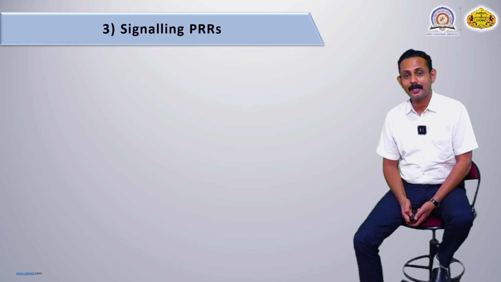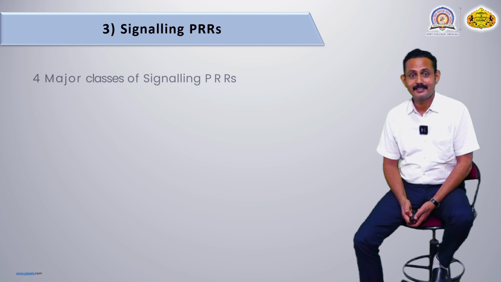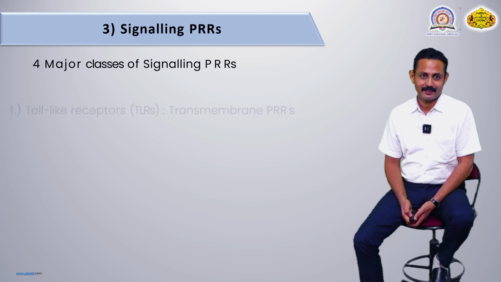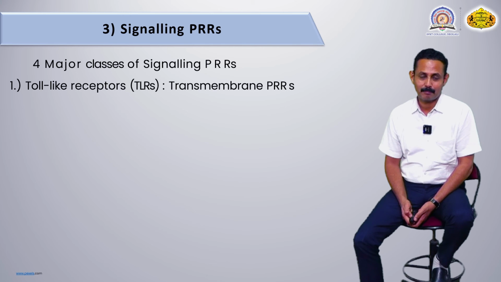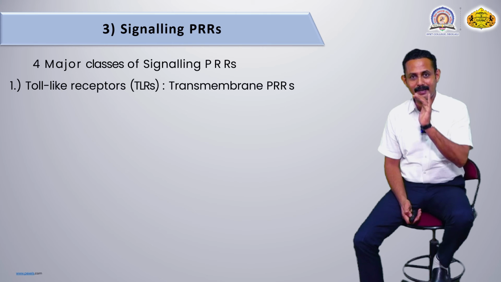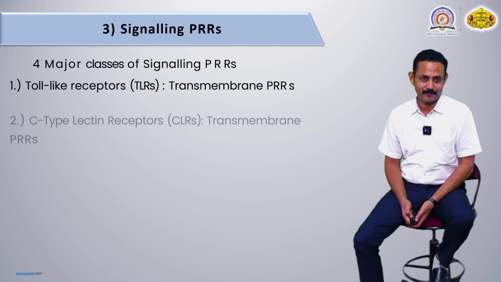Now another kind of receptor is called the signaling receptor. The signaling receptors have 4 major classes. The first is called the toll-like receptors or TLRs. This receptor is a transmembrane receptor, meaning some part is present in the cytoplasmic membrane and some part is hanging outside the cytoplasmic membrane.